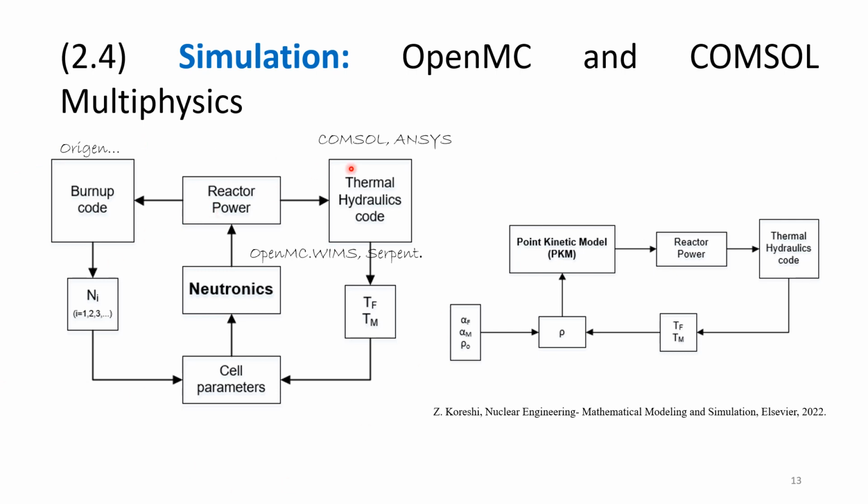And this is a simulation for a code such as OpenMC, which is available, developed at MIT, now community developed, and code such as ANSYS or COMSOL, where you can carry out this in a multi-physics environment. In the point kinetics calculations, you can see a lumped model where we determine the reactor power, and from there the thermal hydraulics, and we can carry out a safety analysis.